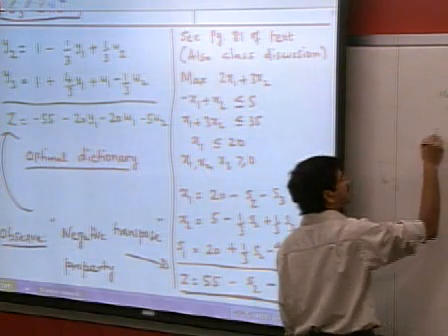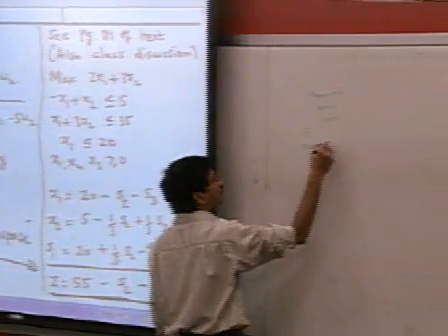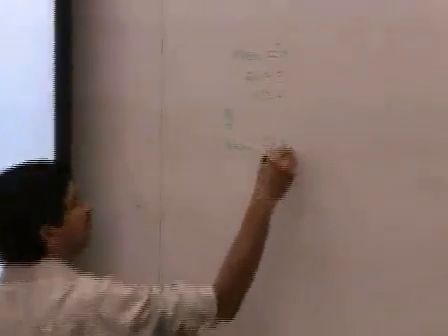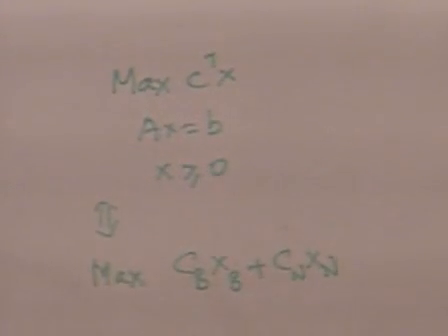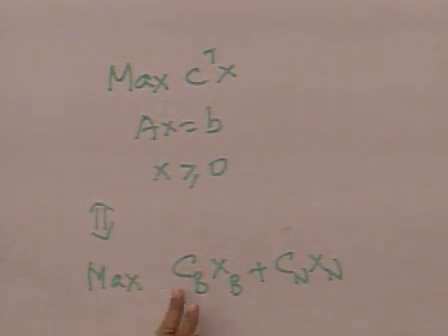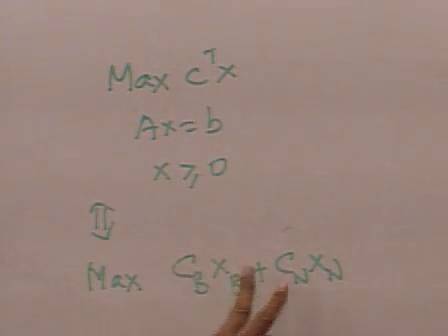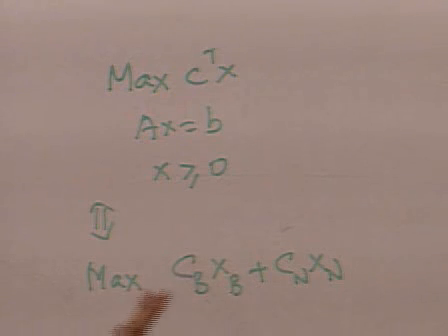That's the same as saying maximize cB xB plus cN xN, just separating the cost coefficients into basic and non-basic components, subject to B times xB plus N times xN equals b.